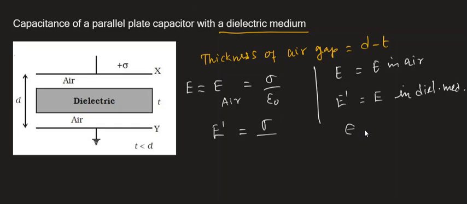And that is given by epsilon r. Epsilon r is the relative permittivity, given by epsilon divided by epsilon naught. Therefore, the permittivity of a certain medium is equal to the relative permittivity, epsilon r, into epsilon naught.